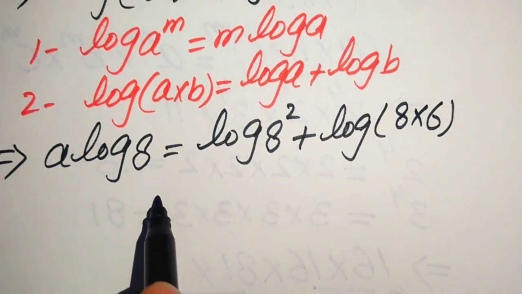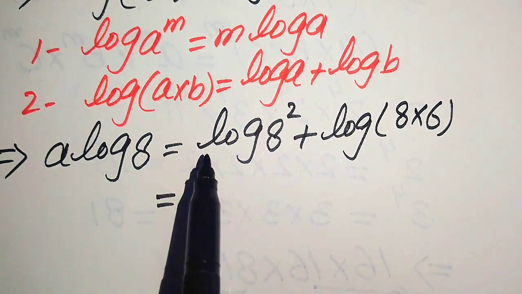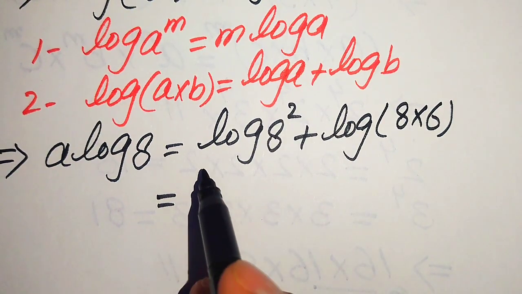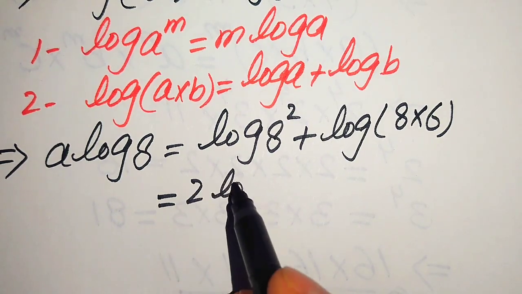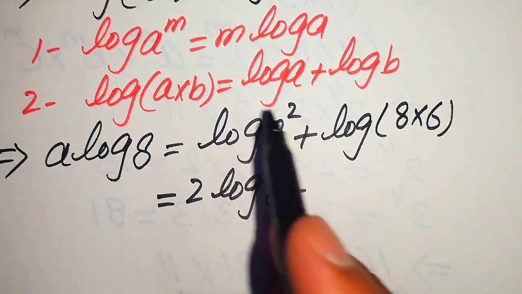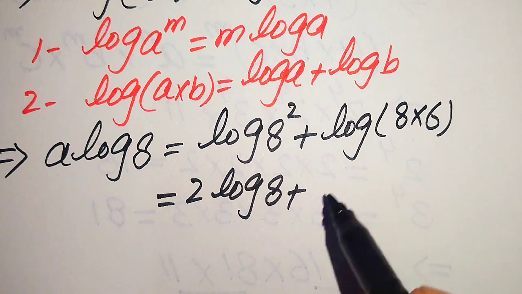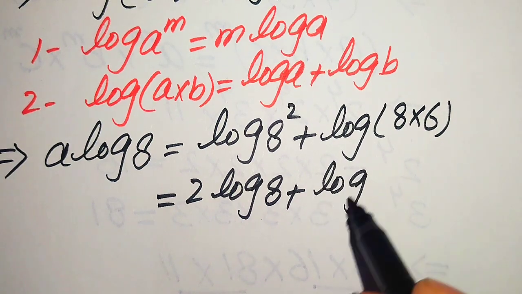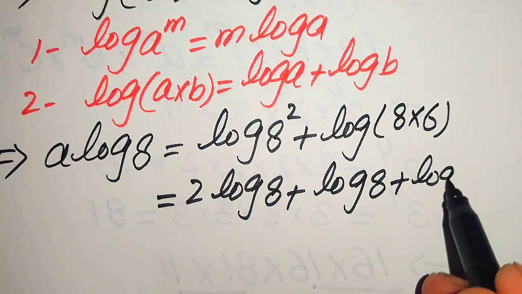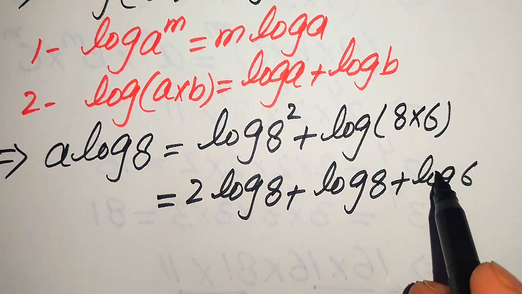And now on the right hand side we again apply both of these properties of log. We move this 2 in front of the log, and it becomes 2 times log 8 plus, and we apply the second property of log on this term, and it will be written as log of 8 plus log of 6.